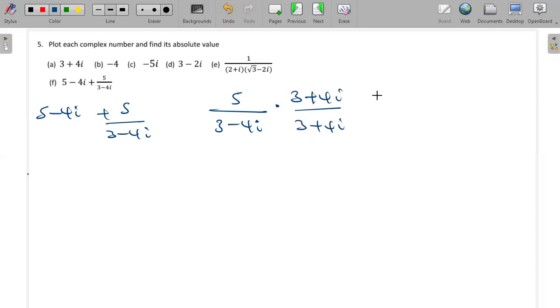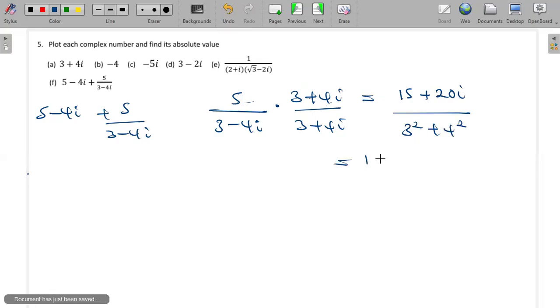And this is going to be equal to, 5 times 3 is 15, then 5 times 4, that's 20i. Then down there I have 3 squared plus 4 squared, which gives me 15 plus 20i over 9 plus 16, which gives me 25.